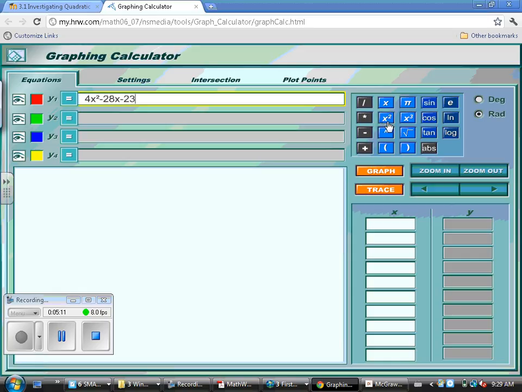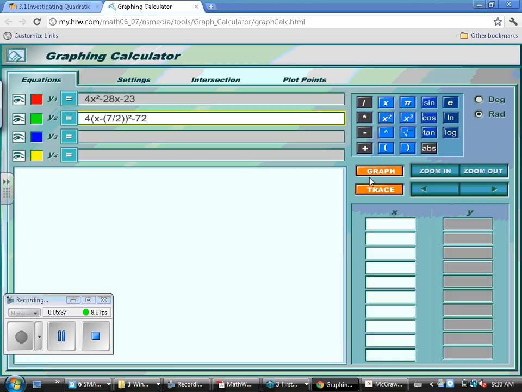I'm going to put it in the vertex form also. So 4 times, and I will go x minus, and just to be on the safe side, I'm going to put this in brackets, 7 over 2, squared, minus 72.